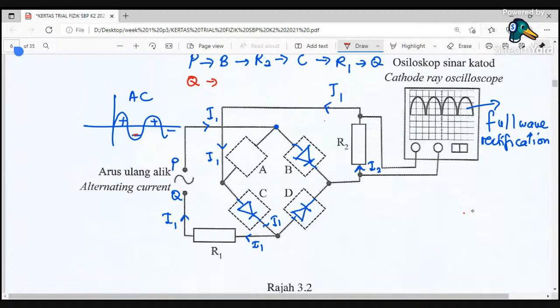Let's say we discuss the negative part here. So current flows from Q. So this is I2. Go to R1 and then cannot go to C, go to D.